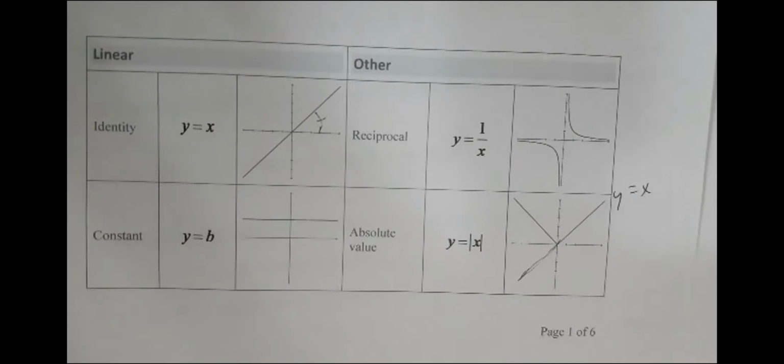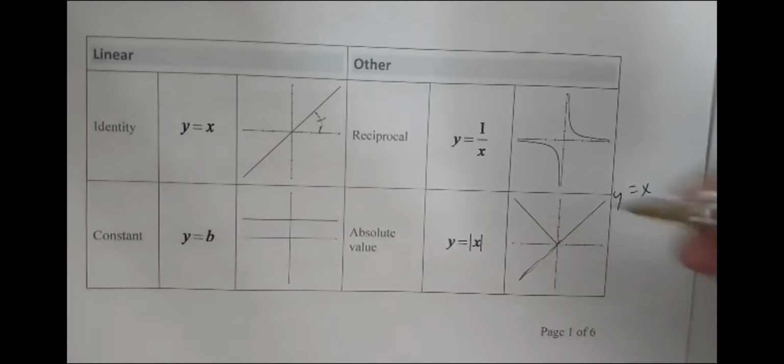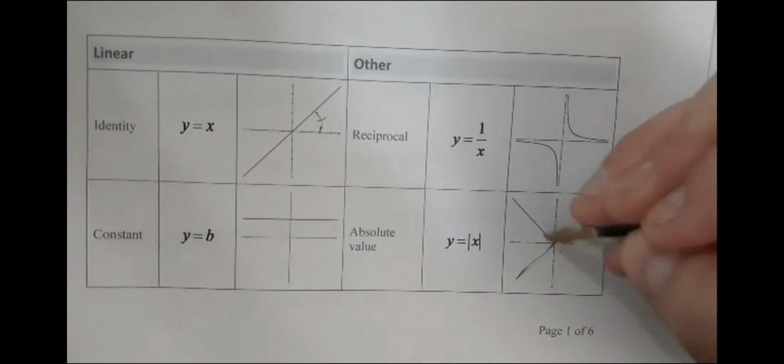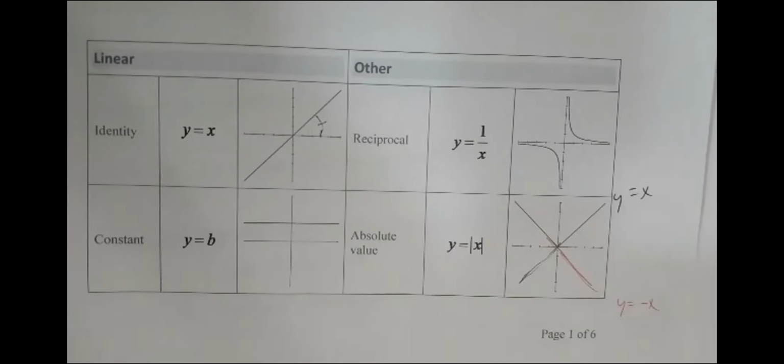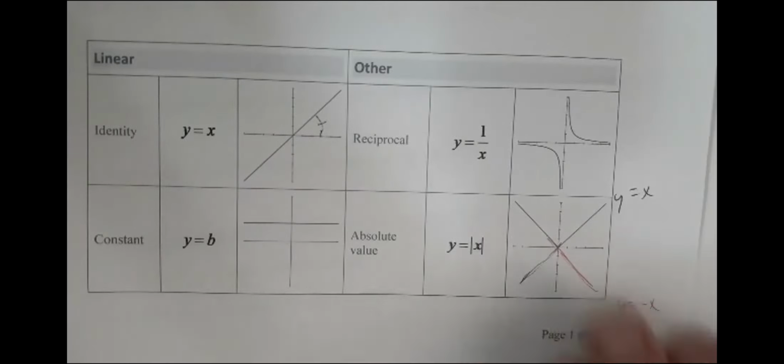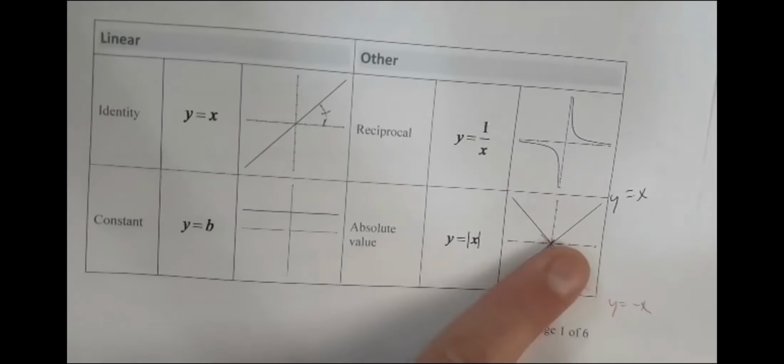But we don't see that portion of the line. And if we extend this line, there is that thing happening, right? That is like the y equals negative x line. So if we extend those lines, we get this. But with just the absolute value, all we're talking about is that little V shape there.